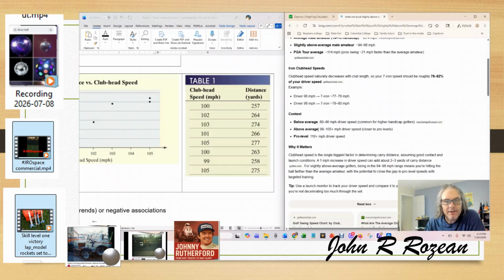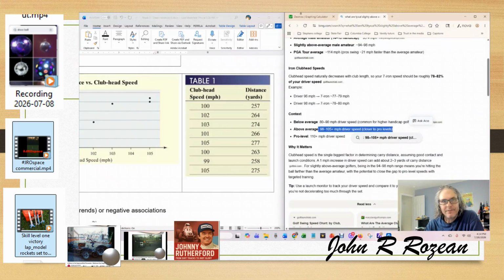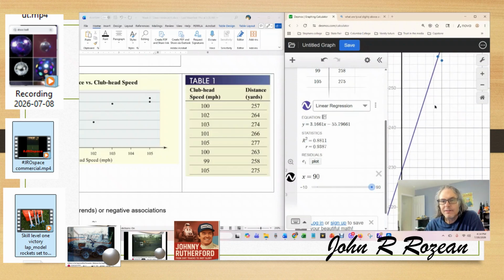So above average is right in here. So these are above average golfers. We just solved the mystery right there. That's what an extrapolation would be. If we were to use that extrapolation, here it is, we would be in another set of golfers.